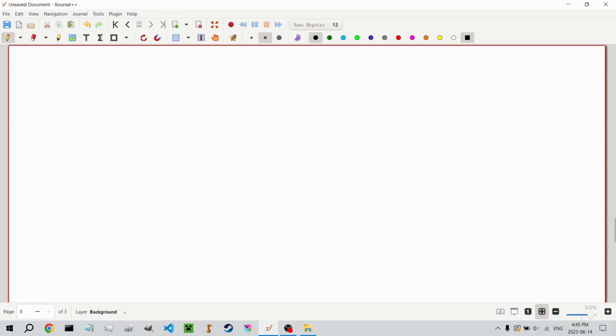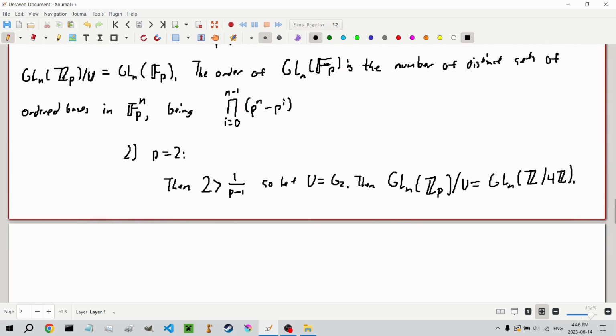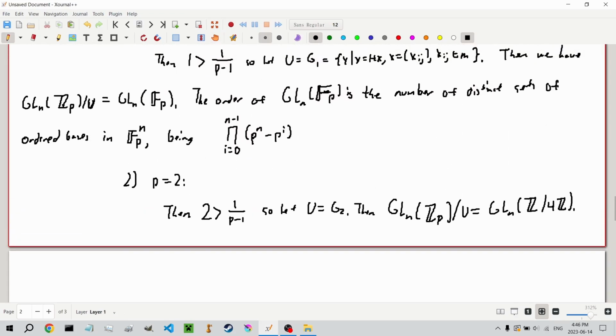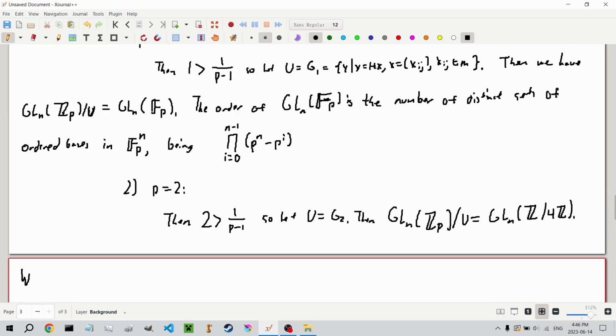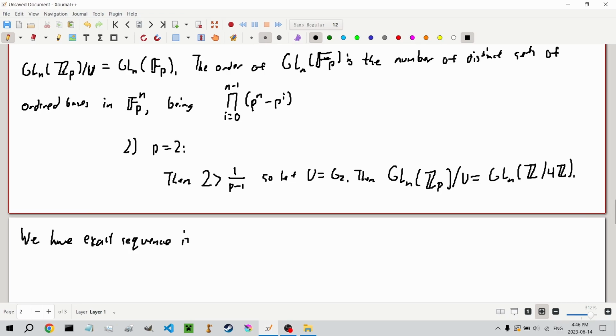Okay. We have an exact sequence, and of course we have the map from 0 to, we write it as 2Z over 4Z.